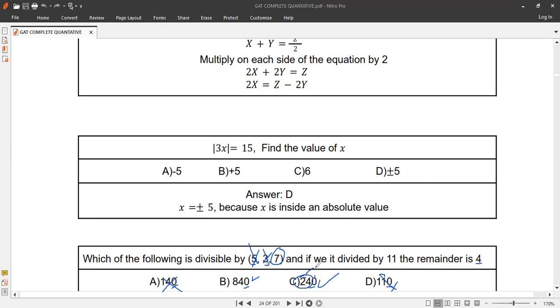So 24 is not divisible by 7, so this will be cancelled. So the answer is B, because 84 minus 0, 84, is divisible by 7. 84 divided by 7 equals 12.